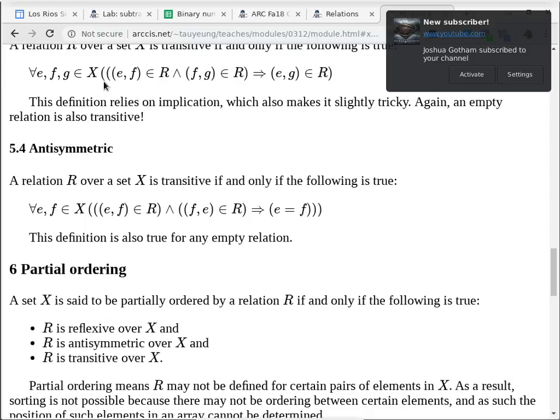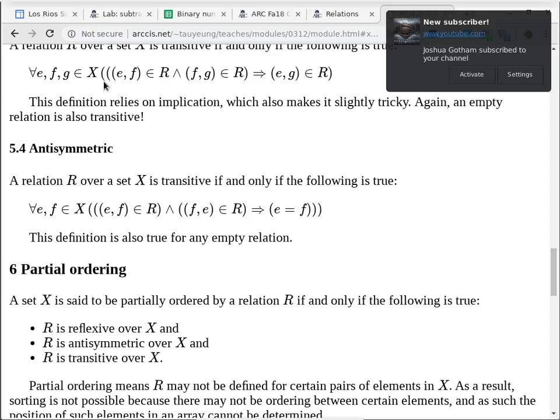It says EF in R and FE in R implies E and F are the same. So what does that mean? It's called anti-symmetric.